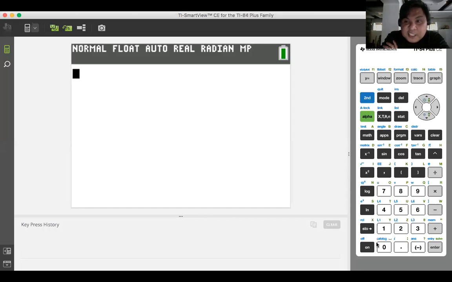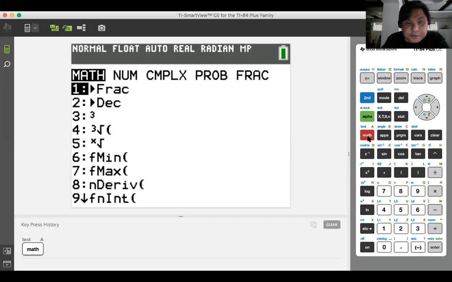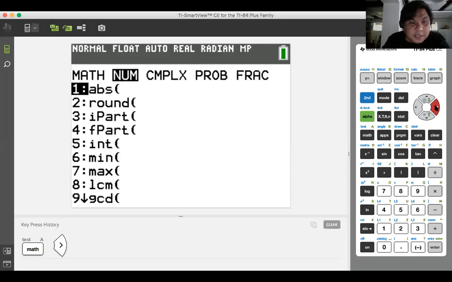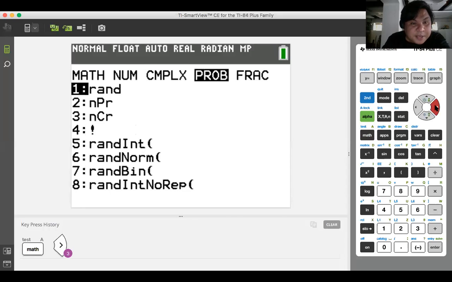So for a Texas Instruments calculator, the factorial can be found in math. I think it's under probability. There we go, probability, and there you go, number 4.